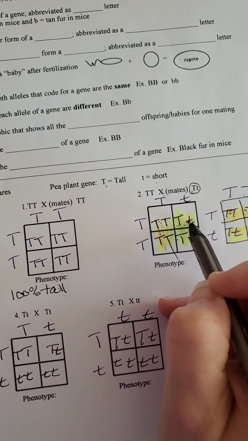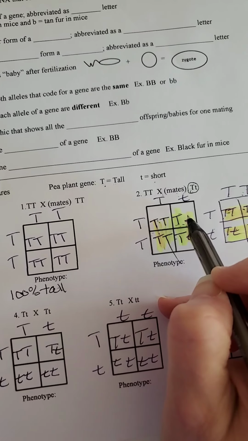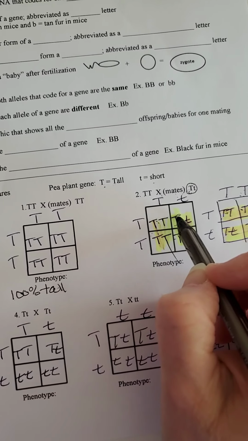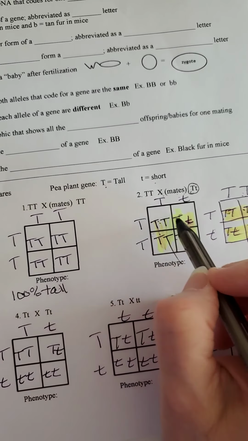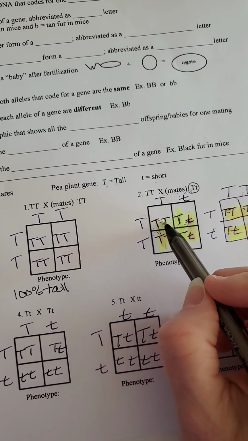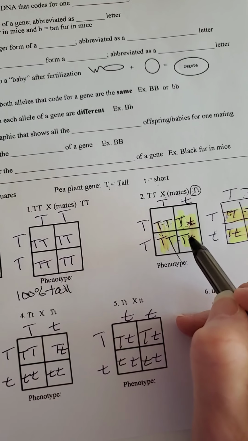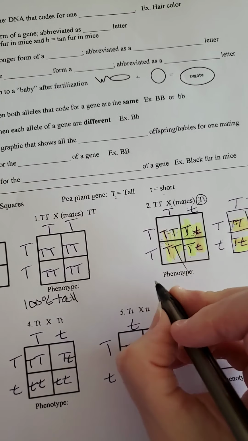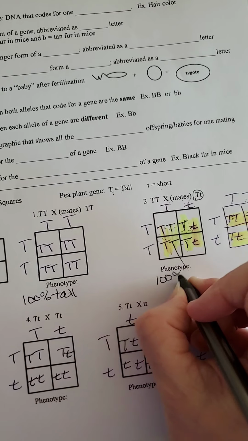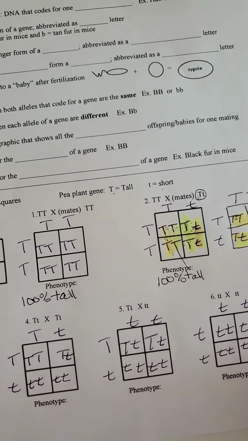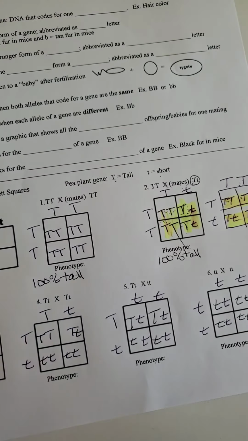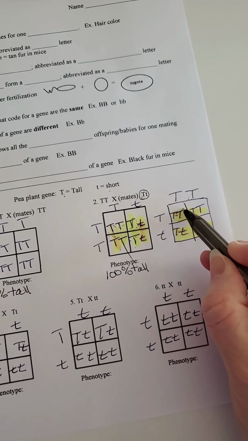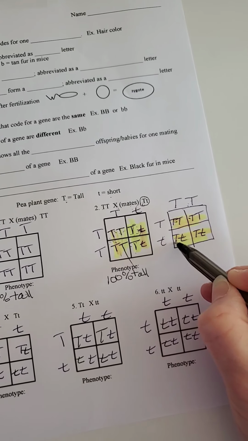So even though there's a little t present, in the phenotype it is ignored. And whatever the big T means, that's what it's going to be. So this is going to be a tall pea plant. So even though these two boxes have a big T, little t, they still say tall. So this is going to be 100% tall. That's why this is 100% tall. This one is too, because the big T dominates over the little one.